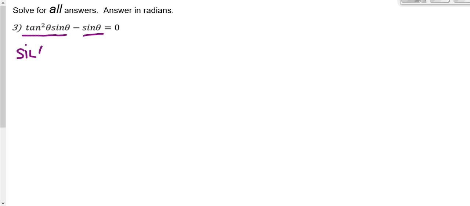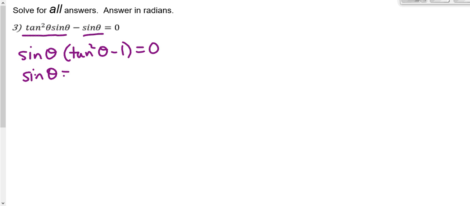We have sine theta times the quantity tangent squared theta minus 1. Now we're going to set each factor equal to 0 and solve each one. Sine theta equals 0, or tangent squared theta minus 1 equals 0.